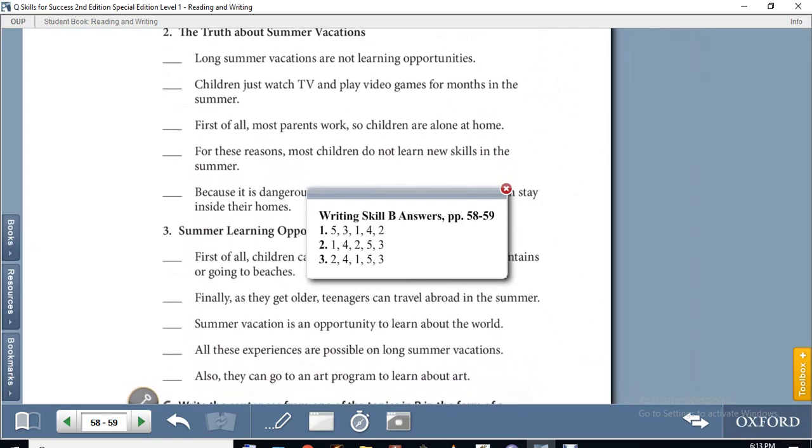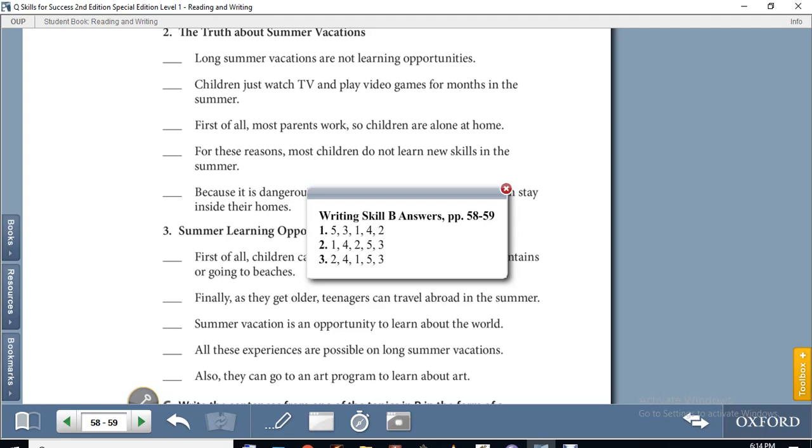Now, the first sentence in this group, or the topic sentence, is sentence 1. As you can see, the order is 1, 4, 2, 5, 3. So this is sentence 1, and it is also number 1. "Long summer vacations are not learning opportunities." The second sentence should be this. So this is number 2. "First of all, most parents work, so children are alone at home."